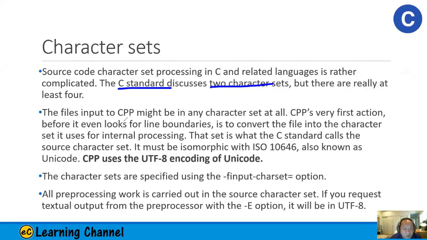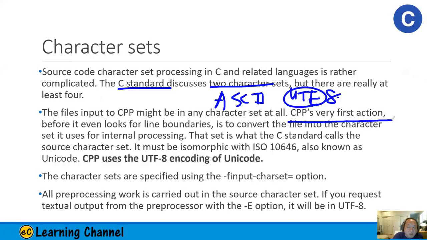The input files to CPP might be in any character set. So just assume that it's ASCII or Unicode UTF-8, okay? Those are acceptable. CPP's first action, before you even look at the line boundary, is to convert a line into the character set used for internal processing, okay?